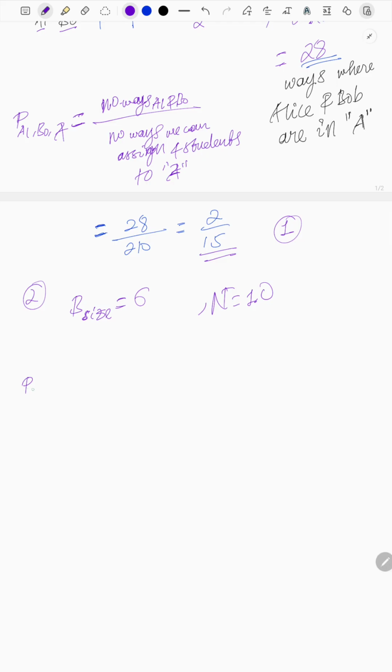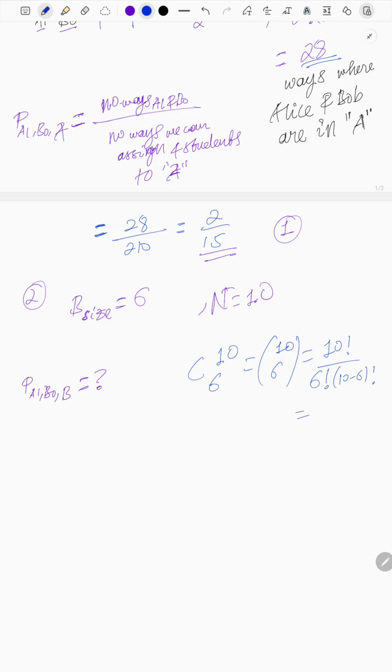Then we are asked to find the probability of Alice and Bob to be in group B. First, we need to find the number of ways we can create group B from the total number of 10 students, or the number of ways we can assign 6 students to group B. It is going to be 10 choose 6, 10 factorial over 6 factorial times (10 minus 6) factorial.